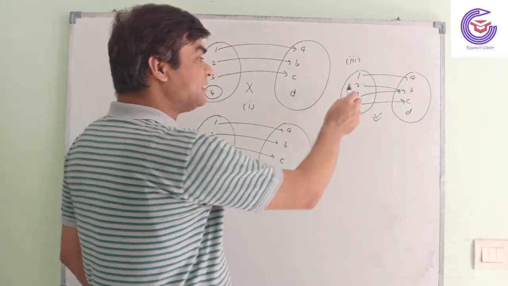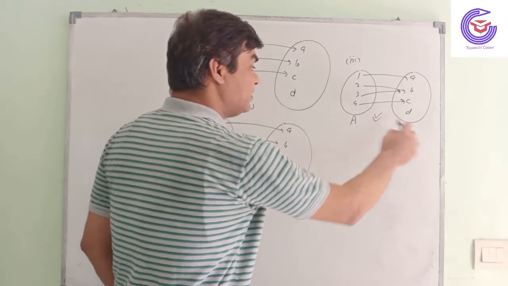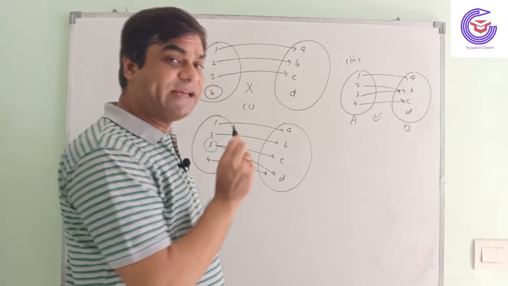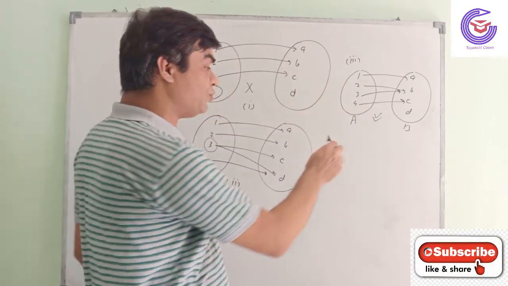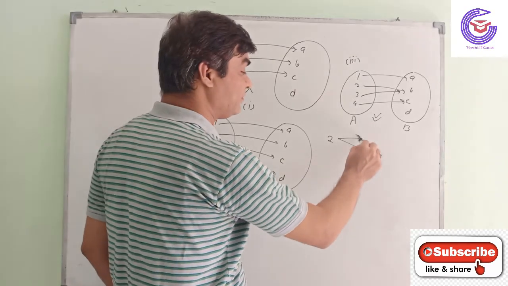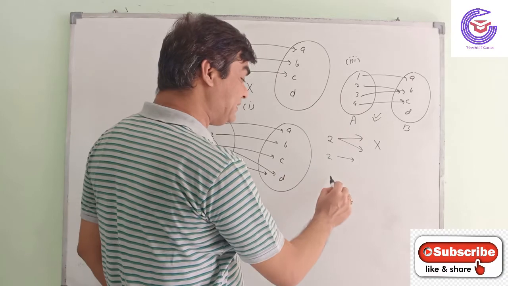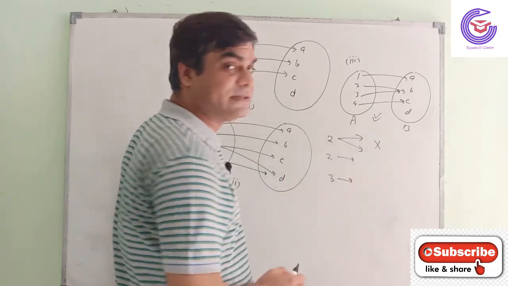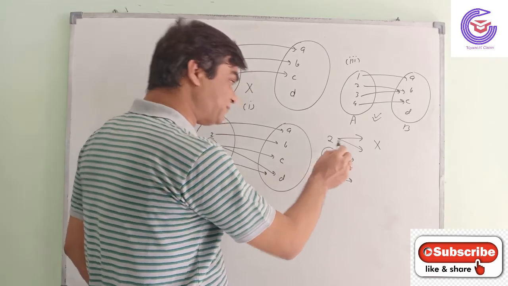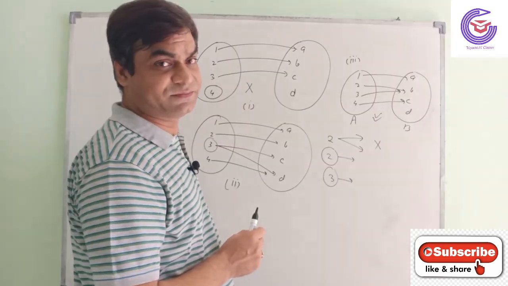The condition says that each element of set A should have a unique mapping. So 2 has 1 mapping. It's not like 2 has 2 mappings. That is not allowed. 2 has only 1 mapping and 3 has also 1 mapping. It might be possible that the mapping is the same, but you have to see set A. So that is the condition you have to see here.